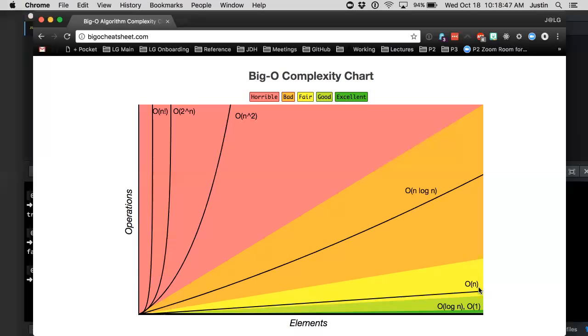Why is that? It's processes. Yeah, it's less processing. And in particular, as the size of the input increases, for big O of n there's a much smaller increase in the time complexity, versus for n squared, it just shoots up.